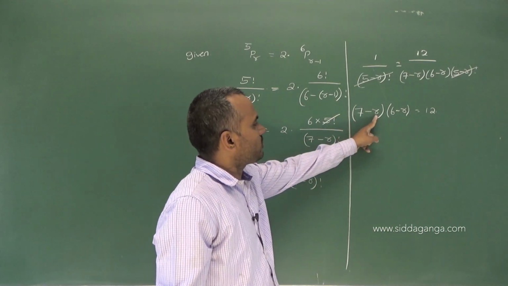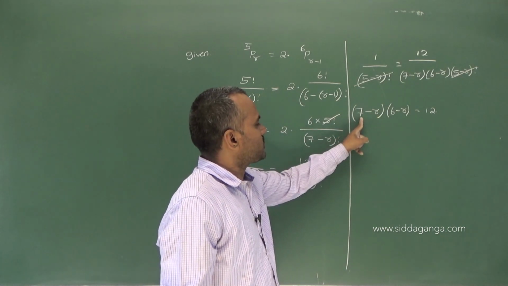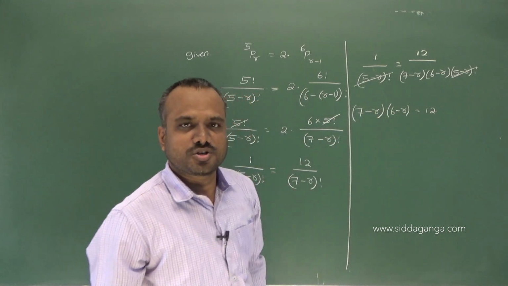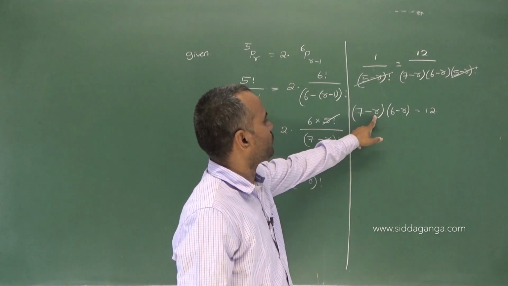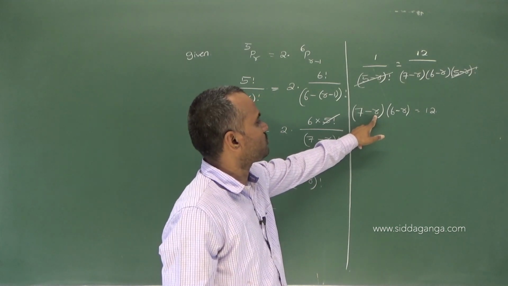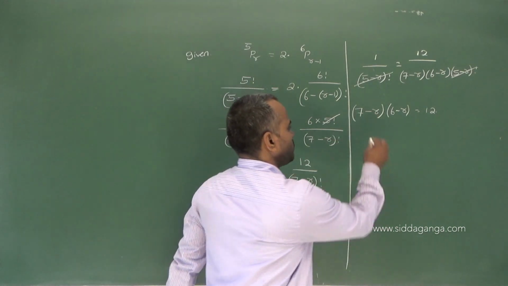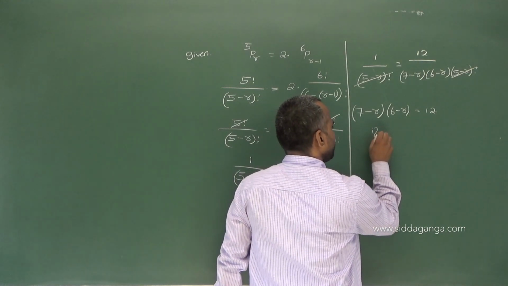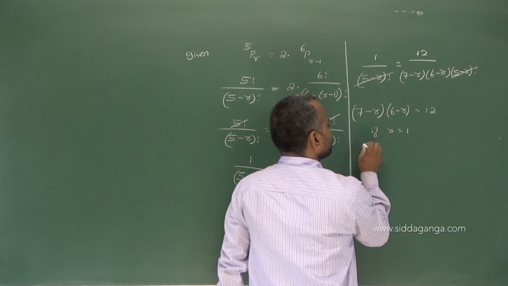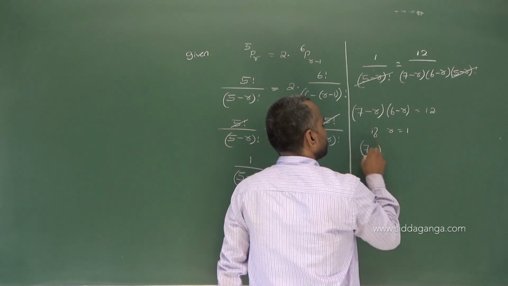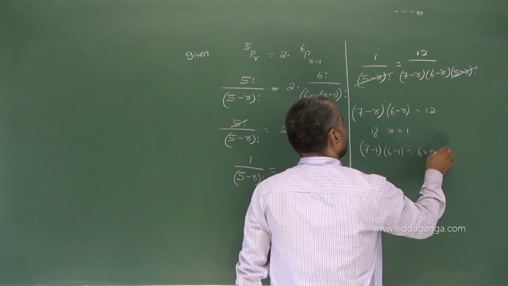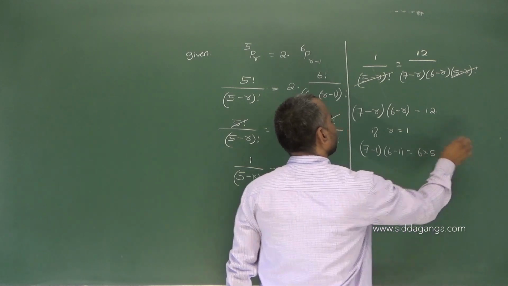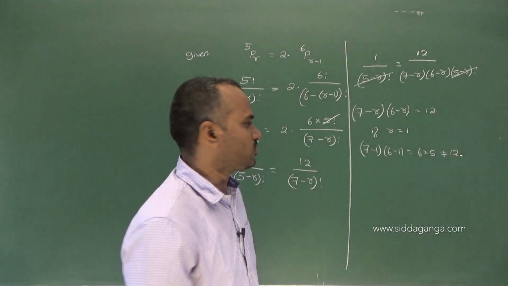By inspection method only we calculate. If I substitute r is equal to 1, (7-1)(6-1), 6 into 5, not equal to 12.